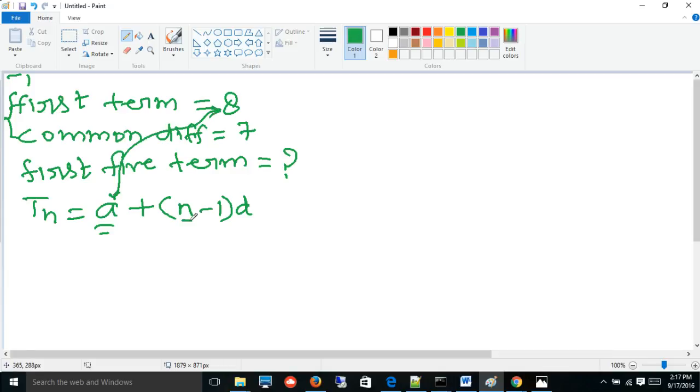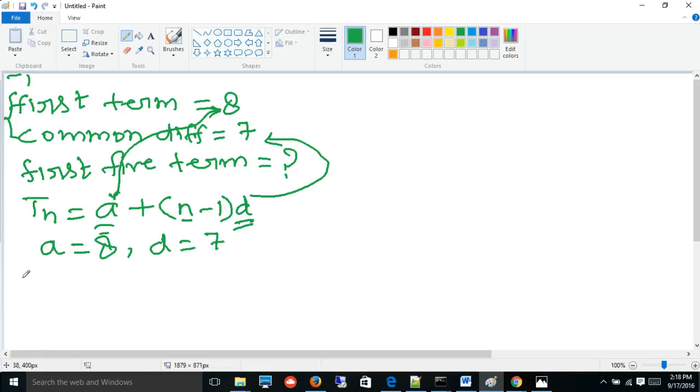And n will vary: n equal to 1, then 2, 3, 4, and 5. D is called the common difference, and here we have it as well. So we have A as 8 and D equal to 7.